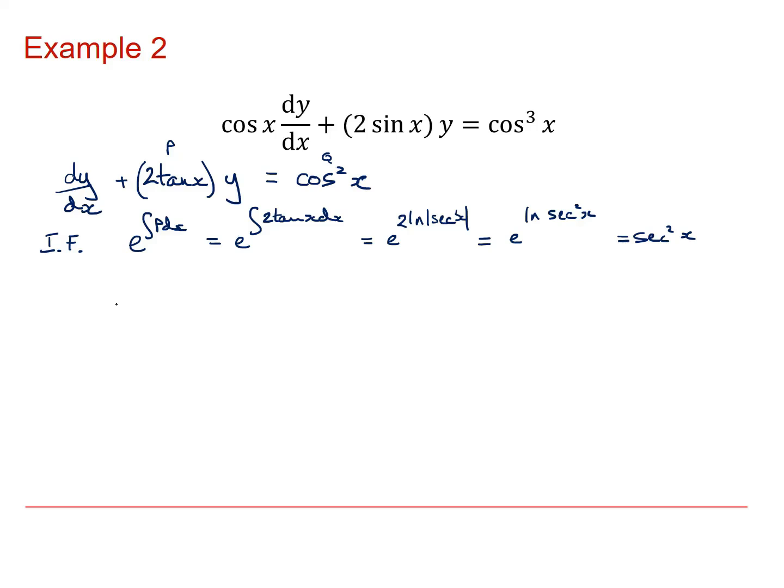So if I multiply through by my integrating factor sec squared x, I'm going to get sec squared x dy by dx plus 2 sec squared x tan x y is equal to sec squared x cos squared x.